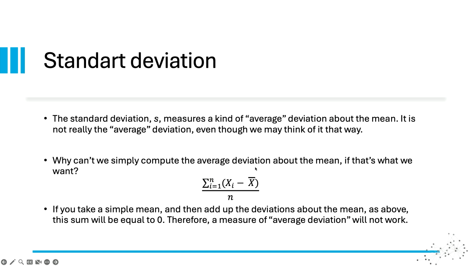But in this calculation, there is one problem. Sometimes the sum might be equal to 0 because these differences cancel each other out. For example, a positive number can be canceled by a negative number, and actually this sum at the end might be equal to 0 because of different signs.